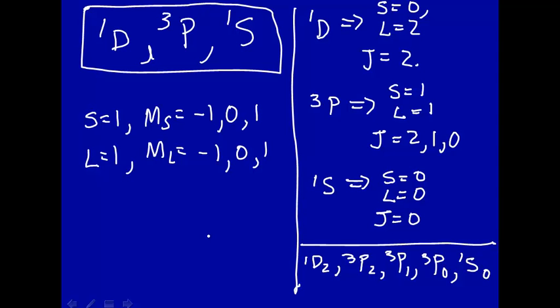But wait, there's even more. Let's look at the values of M sub J. So for a 1D2, possible values for M sub J can go from minus J to plus J in integer steps. This could be minus 2, minus 1, 0, plus 1, and plus 2.